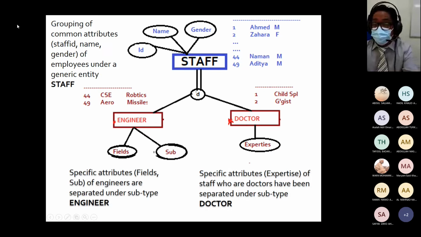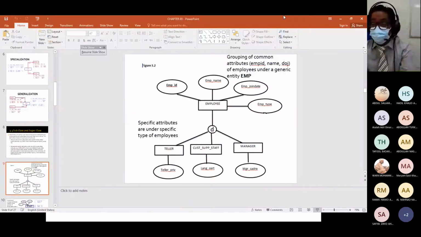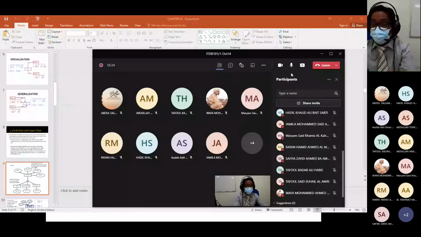And it shows that it has attributes which are common to the subtypes of your entities at the lower level, and those are ID, name, and gender. What you did is identify this. Maybe the scenario will say that we have this staff and they are all divided into different specializations or positions like engineer and doctor. So the scenario will tell you about that.